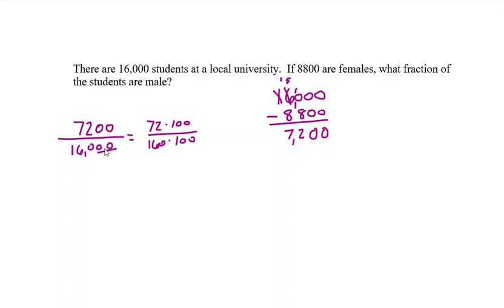We could just cross off those two zeros, because 72 times 100 is 7,200 and 160 times 100 is 16,000. So we're crossing off the factor of 100, because of the two zeros, and we're left with 72 over 160.